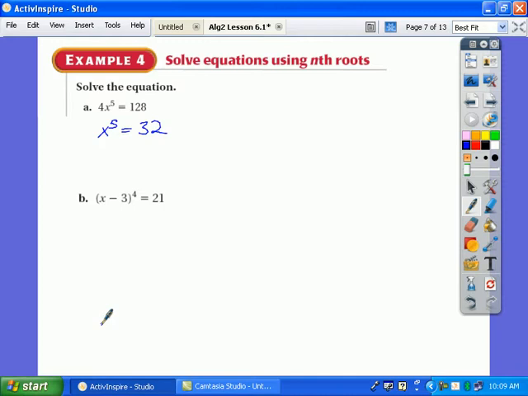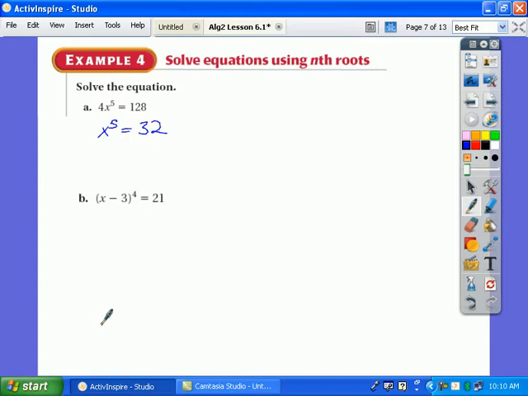And now how do I undo x to the 5th? That's the idea of what this section is trying to get at. And so to undo x to the 5th, we can raise it to the 1/5 power, right? X to the 5th to the 1/5. That undoes it. Both parts undo each other.